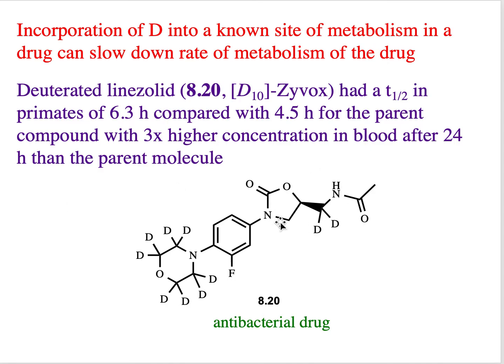In this case, there was a number of sites of metabolism, and they were able to cut off some of those by inserting these deuteriums at easily synthetically accessible points, and they're able to extend the half-life in the blood because it's not being metabolized as quickly.